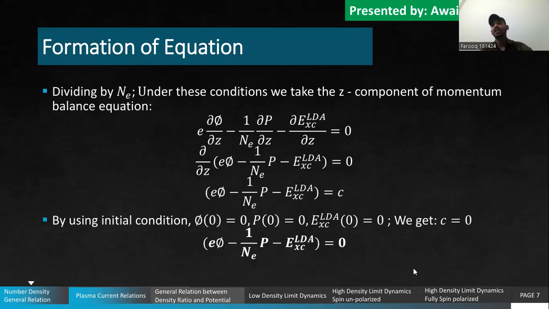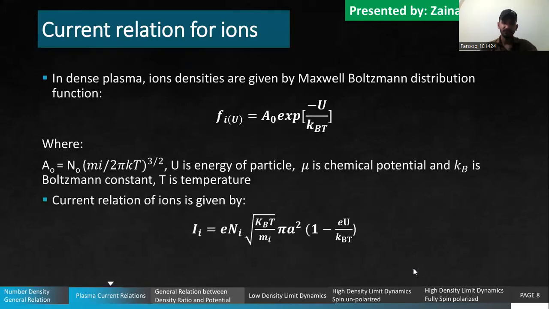If we put an initial condition that when phi is equal to 0, the Fermi pressure is also equal to 0, and the exchange correlation effects are equal to 0, that is, when we are not applying the potential, then automatically the Fermi pressure and exchange correlation potential are equal to 0. So that's why the constant is 0. We put this constant equal to 0. So we get e phi minus 1 over ne del P minus EXC LDA.